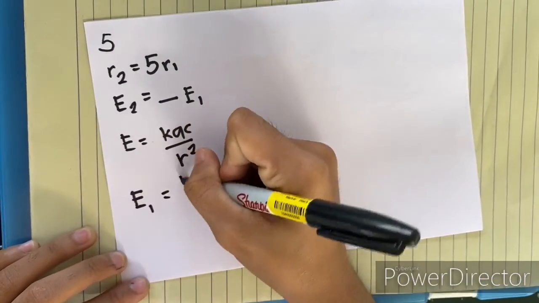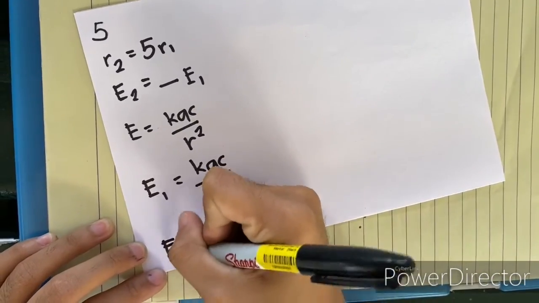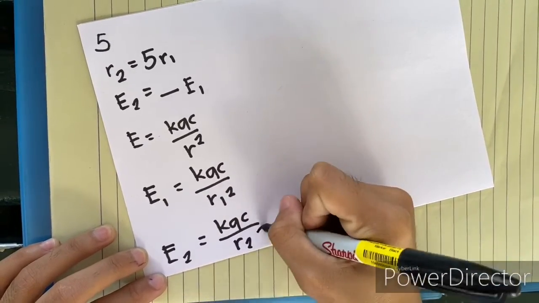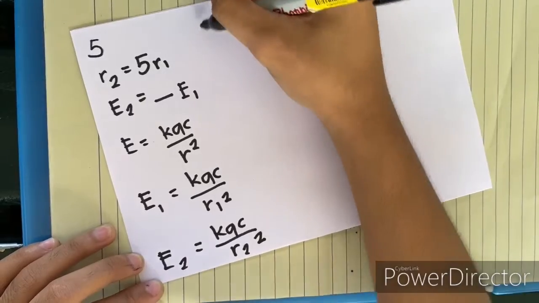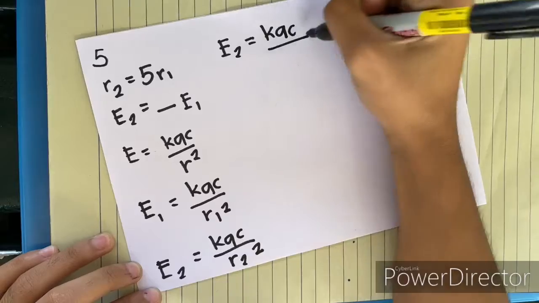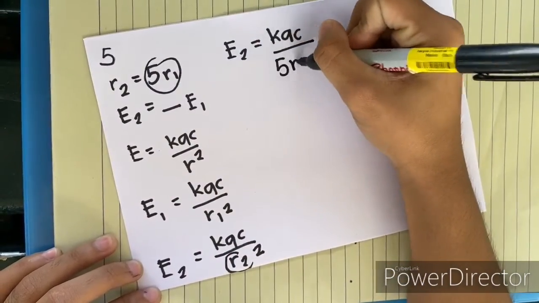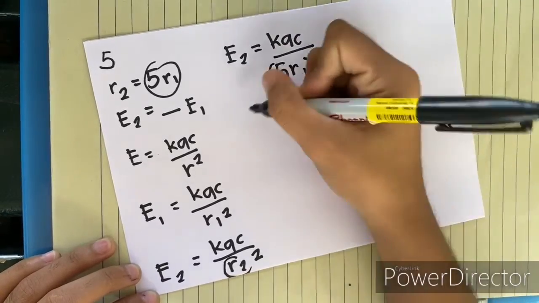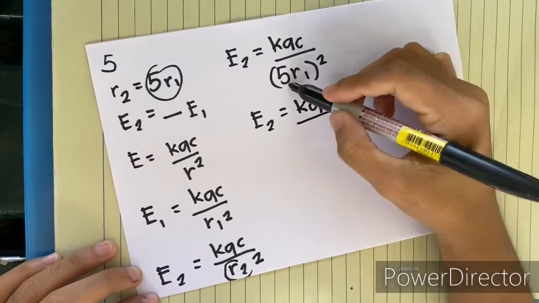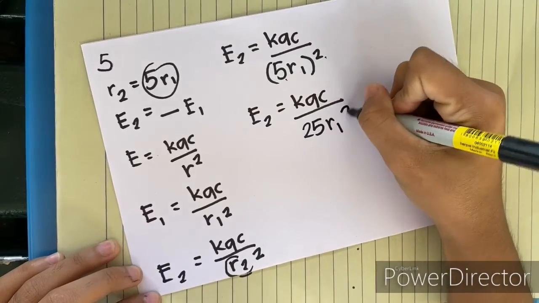E1 is equal to kQ over r1 squared, and E2 is equal to kQ over r2 squared. So E2 is equal to kQ over 5r1 squared. So E2 is equal to kQ over 5 times 5, which is 25 r1 squared.